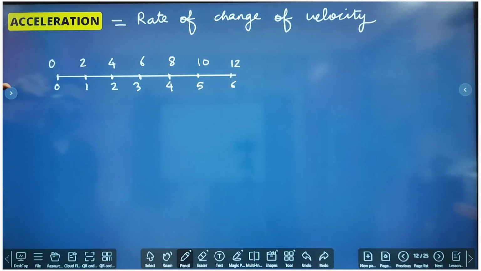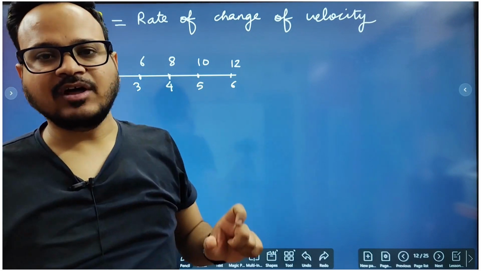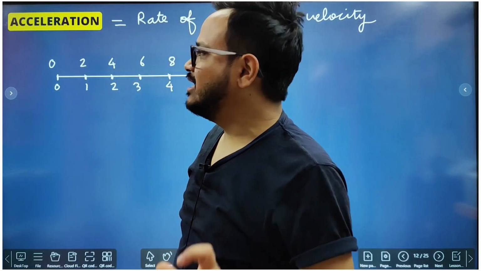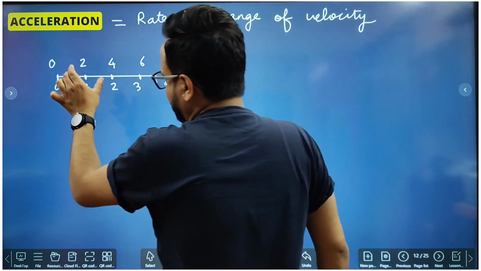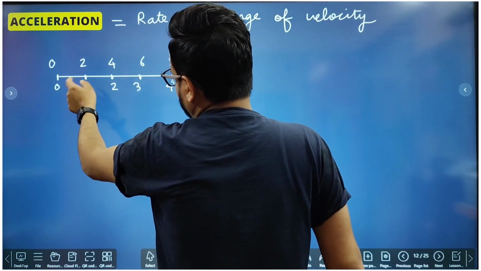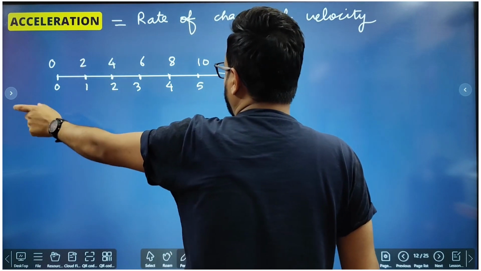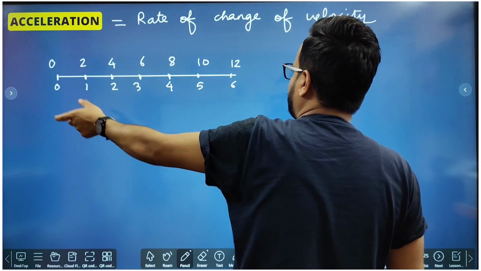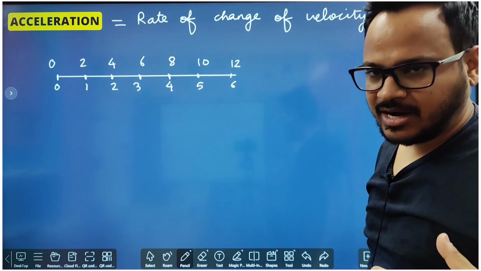So the speed of the body is increasing in a uniform manner. The speed of the body is increasing by a value of 2 meter per second in every second. 2 meter per second in the first second, then again the speed of the body is increased by 2 meter per second in the second second, and by 2 meter per second in the third second, again by 2 meter per second in the fourth second, and so on, right?